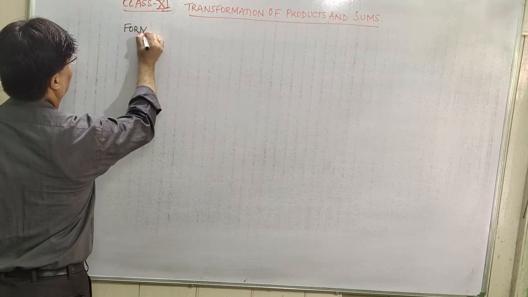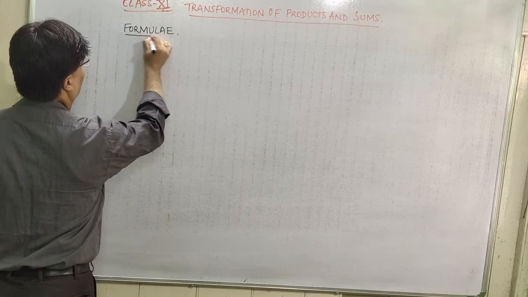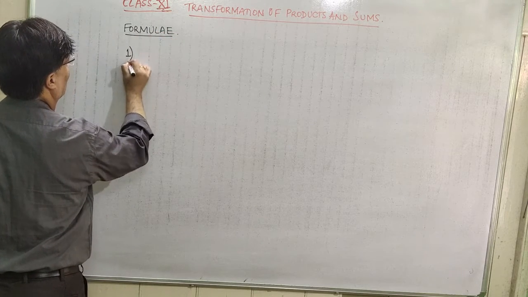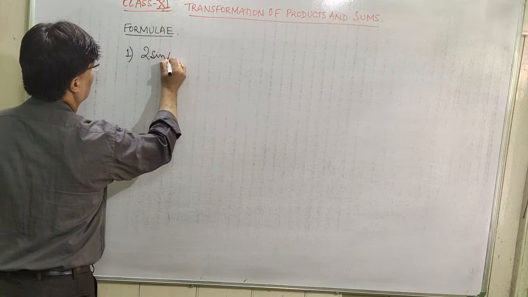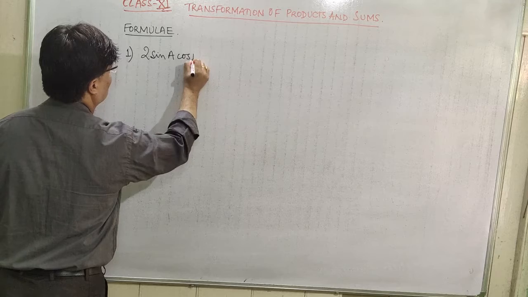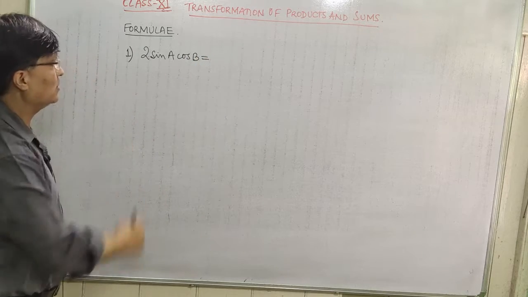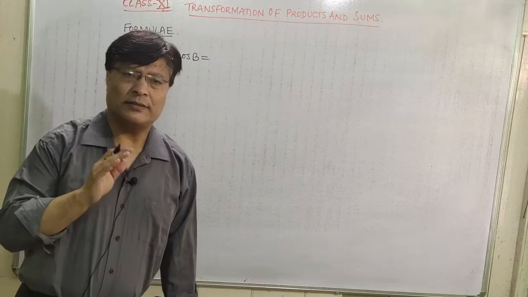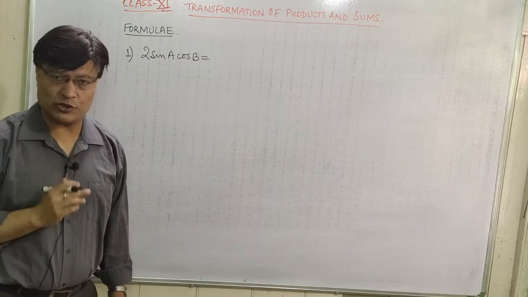So formulae, that is number one is 2 sine A cos B is equal to, that is, this is the product of two trigonometric functions.